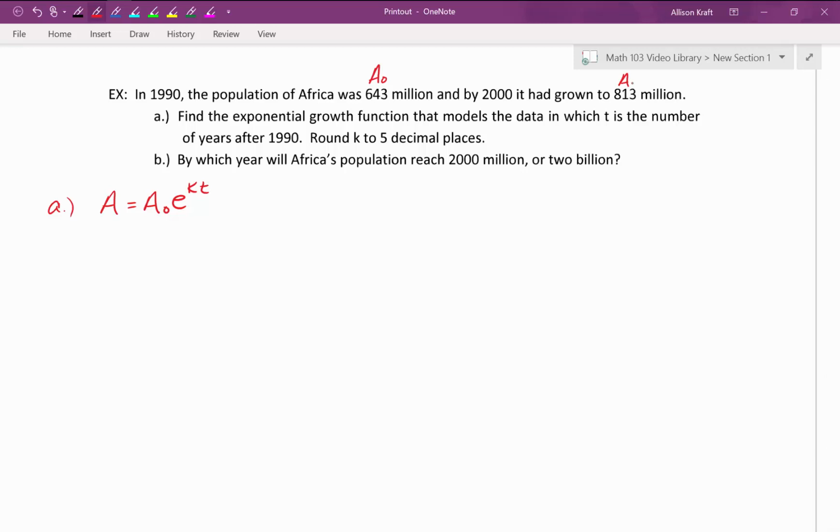We went from 1990 to the year 2000, so these two numbers together tell us that t is equal to 10. I have every variable except k, so we're going to plug these three numbers into our equation and solve for k.